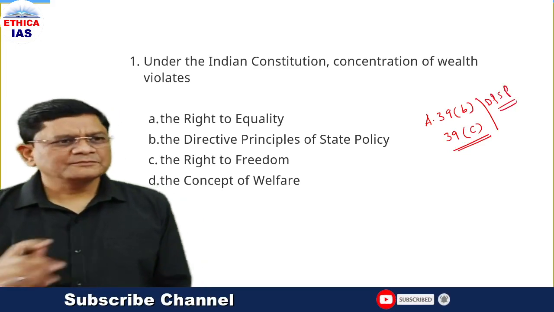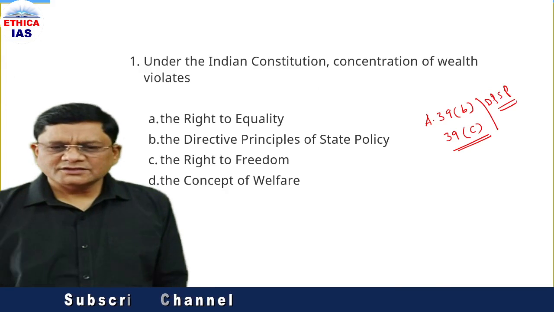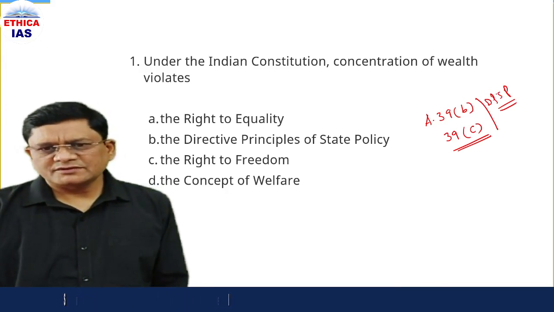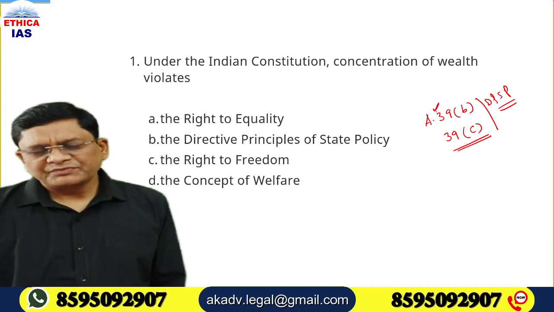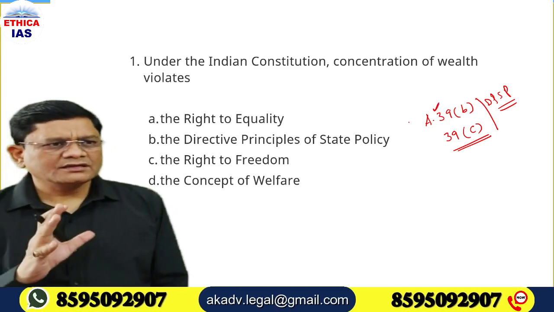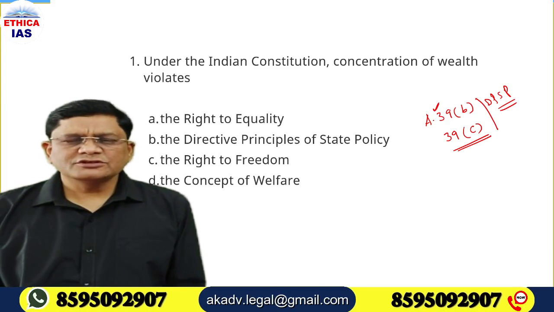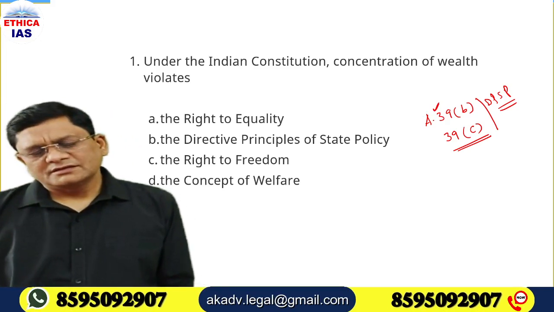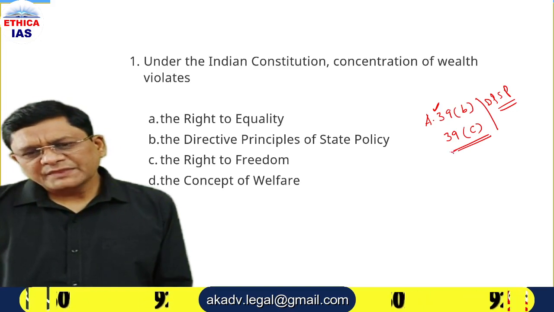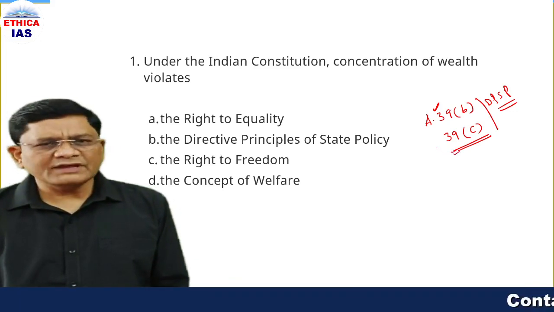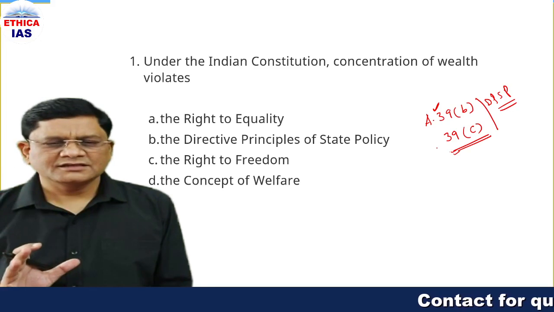We know very well these articles are related to DPSPs. Article 39(b) is related to equitable distribution of wealth, and Article 39(c) is related to prevention of concentration of wealth in harmful hands.